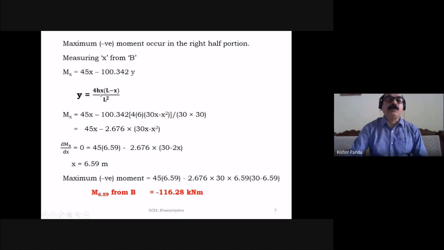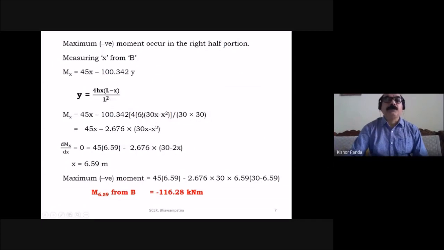And you know y is equal to 4h x (L minus x) by L square. So here x is your unknown. You have to find out x. So Mx is equal to 45x minus 100.342 y. Put the y value here: 100.342 into 4, h is your 6, 4h x, L is your 30 minus x, divided by 30 square, L square.